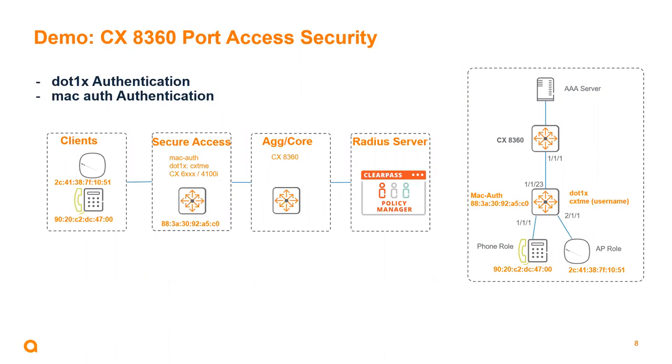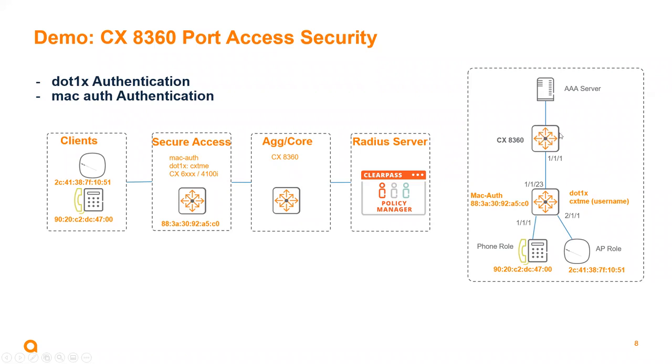So you can enable a .1x supplicant on those access switches. That's what I'm talking about. If you use an unmanaged switch, you have to authenticate using MAC Auth. But if you use an AOS-CX switch, you can always run the .1x supplicant and make sure your network infrastructure is more secure. These access switches are getting connected to an 8360.